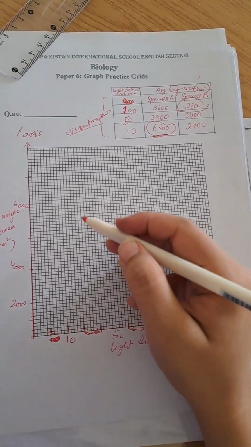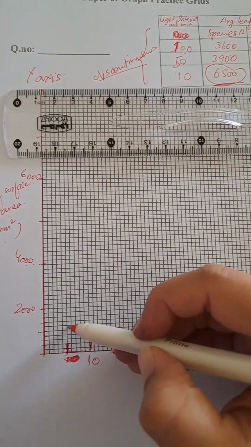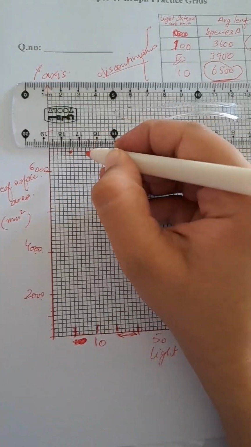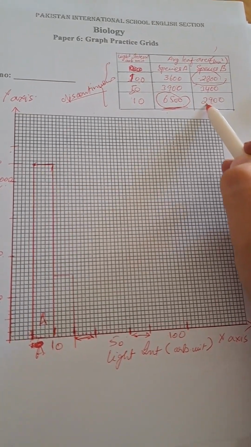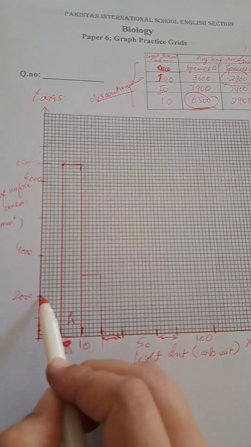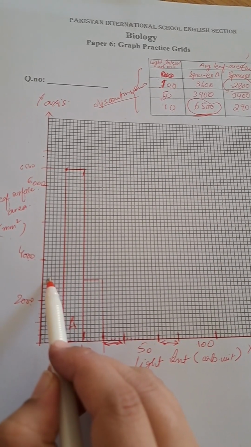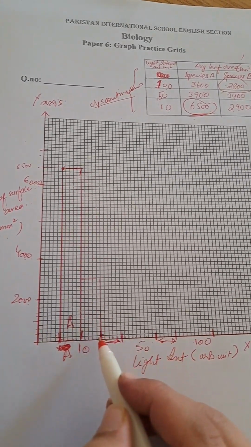You'll very quickly go check with your scale. The value for 10 arbitrary units for species B is 2900. You can simply go check. This is going to be 2000, the very mid of this is going to be 3000, so 2900 is somewhere here. So you simply plot a bar here.